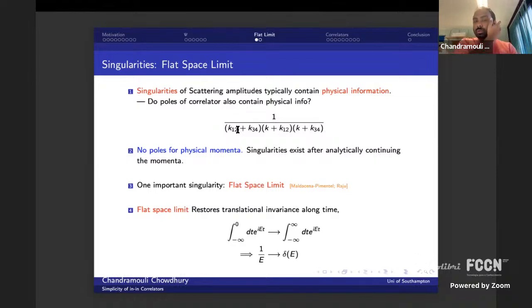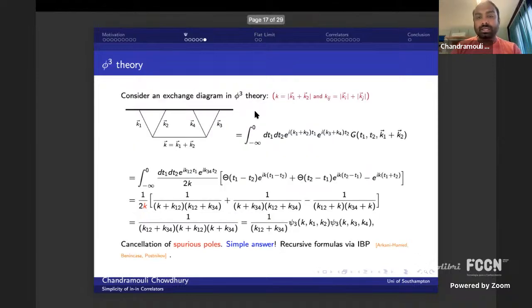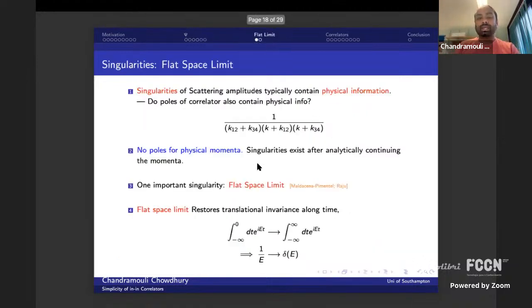The first thing you would notice is that for physical configurations of momentum, if you remember from the last slide, all these guys are essentially sums of moduli of momenta. So for any physical momentum, you never have a singularity, because at best, the singularity can occur when everything becomes collinear.